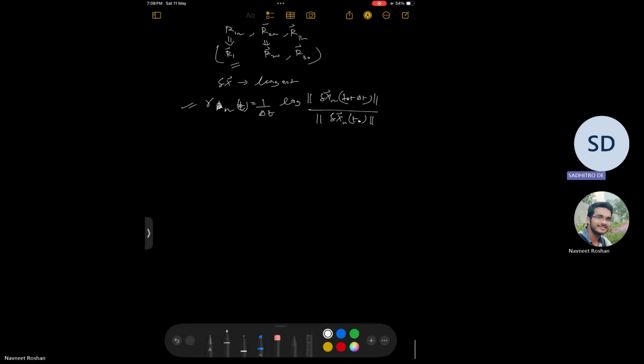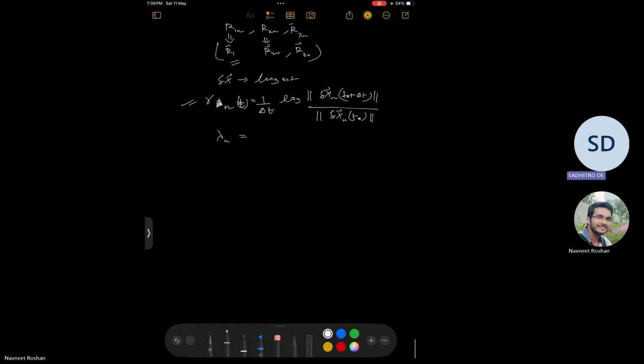And finally, we take the limit of the Lyapunov exponent lambda n. This is basically given by the mean value of gamma n as time t goes to infinity. So this is given by 1 by k, summation over gamma n from 1 to, let's say, some capital number m.